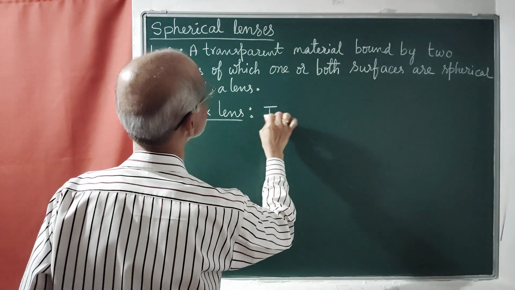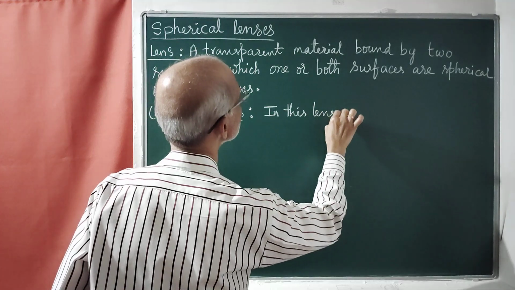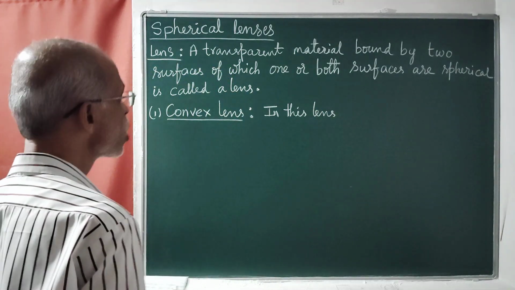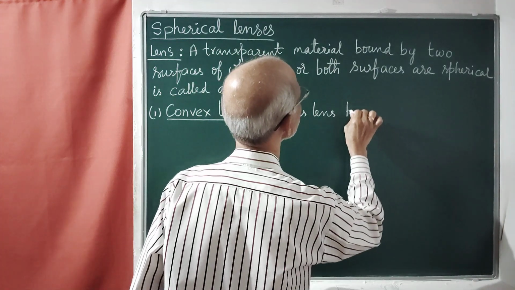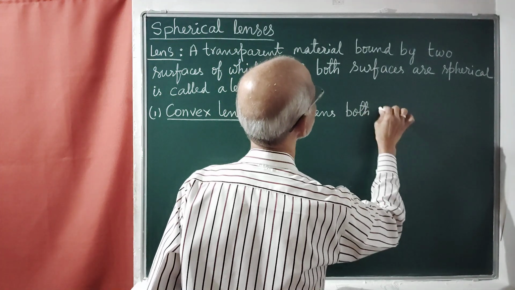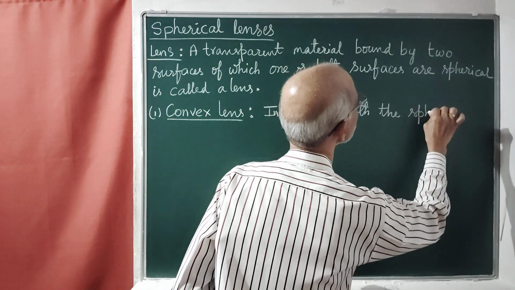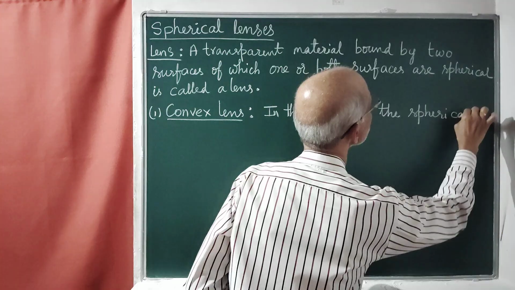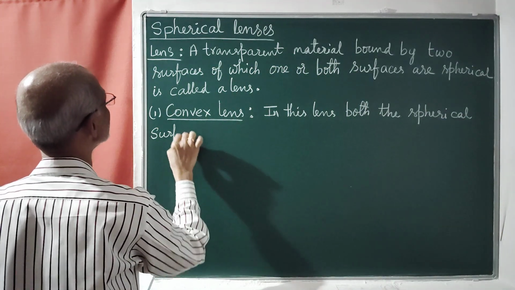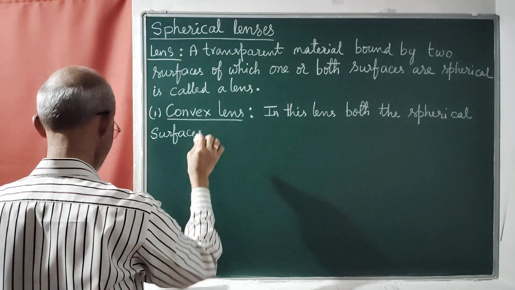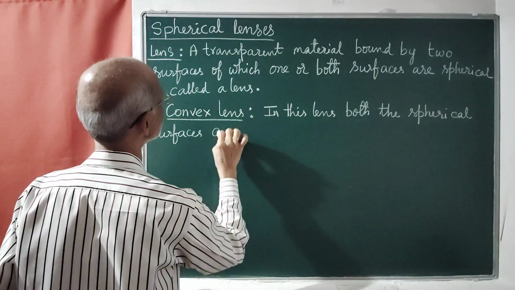In this lens, both the spherical surfaces are bulging outward.